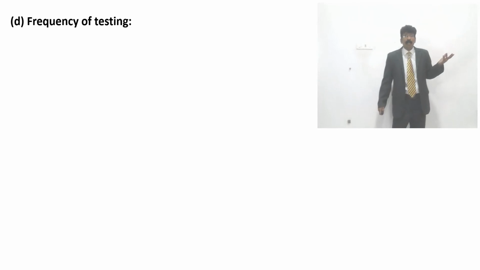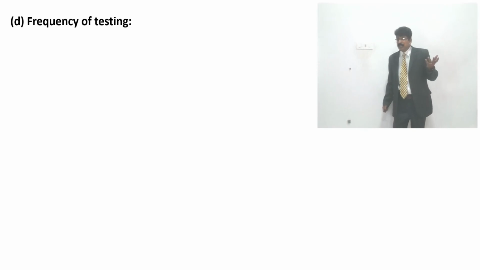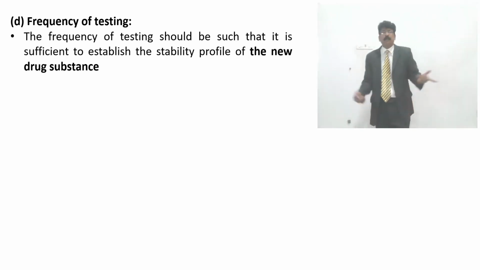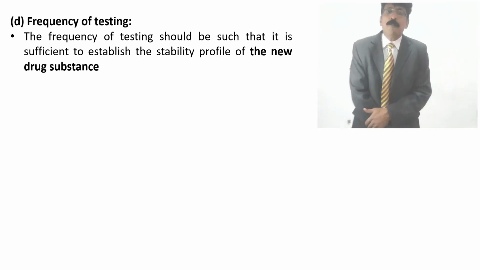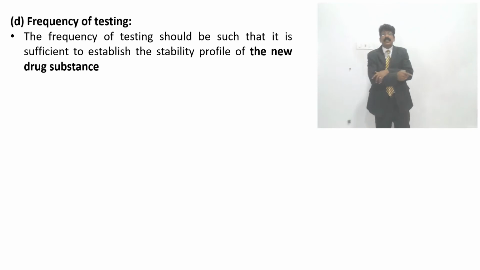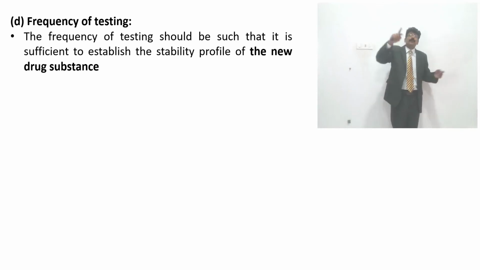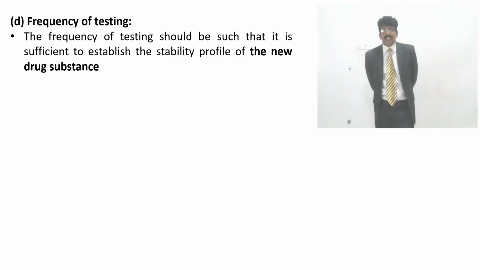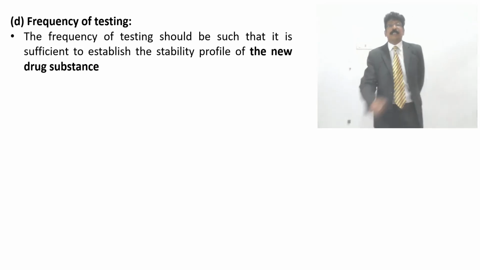And number 4, the frequency of testing. This is also something we have discussed. Frequency of testing should be such that it is sufficient to establish the stability profile of the new drug substance.